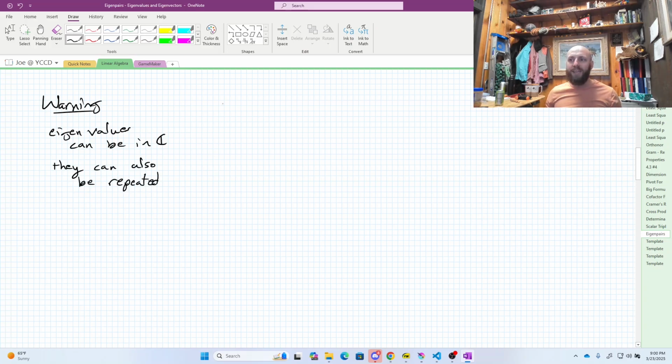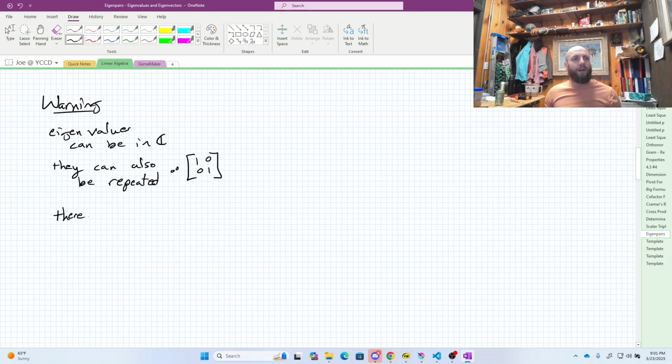So one where they're repeated would look something like the identity matrix has a double eigenvalue of 1. Sometimes you can find eigenvectors to go with that. Sometimes you can't.